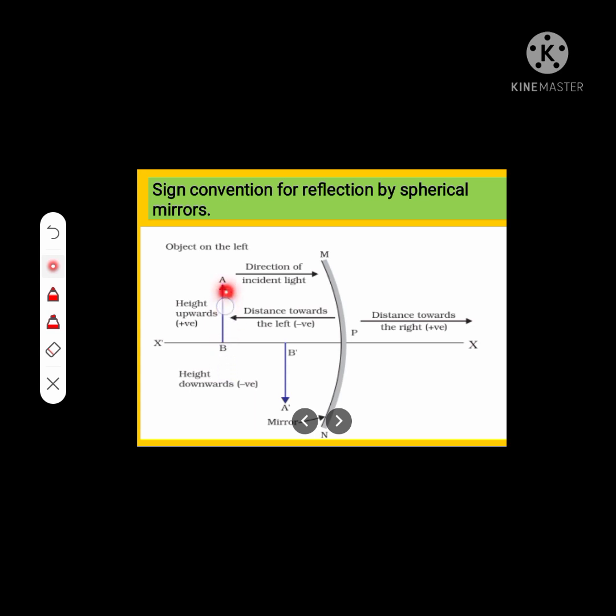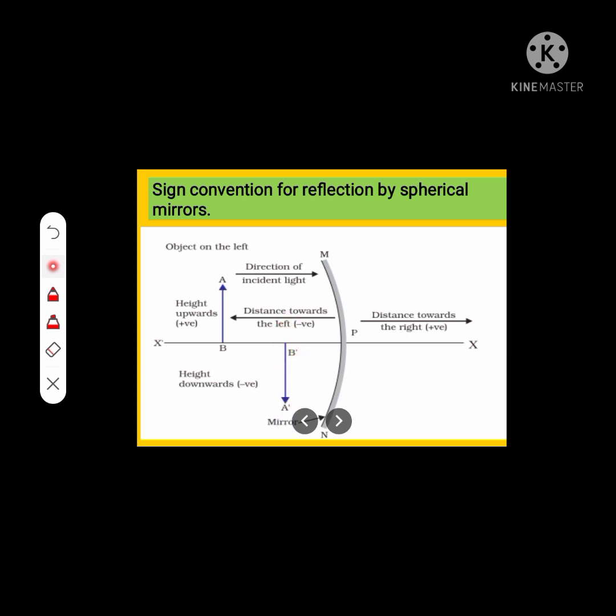That means the object is placed above this principal axis and also it is perpendicular. So we are taking this value as positive. The distance of this object is taken as positive. But when an object is perpendicular to the principal axis and also it is placed below this principal axis, we are considering the value as negative.